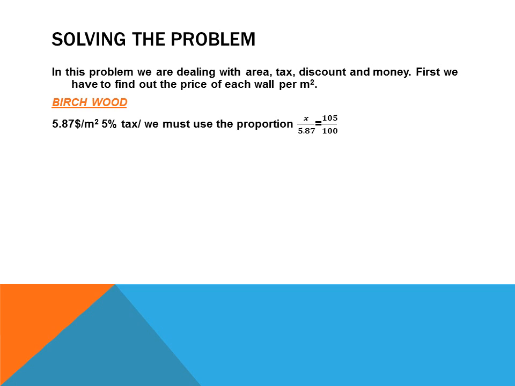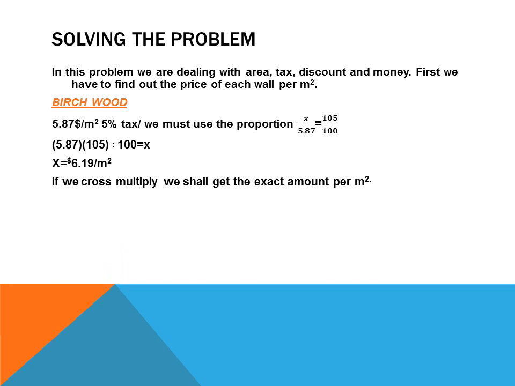We add 5% to the 100. So we do $5.87 times 105 divided by 100 equals x. X equals 6.19 per meter squared, and that is our answer. If we cross multiply, we'll get the exact amount per meter squared.